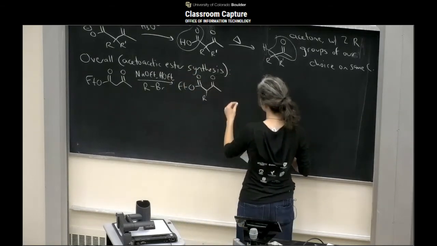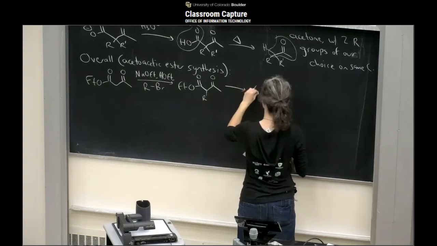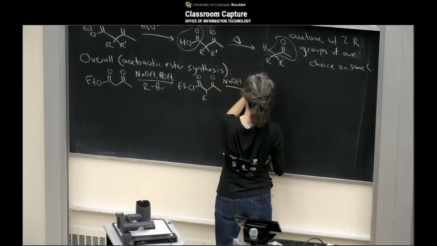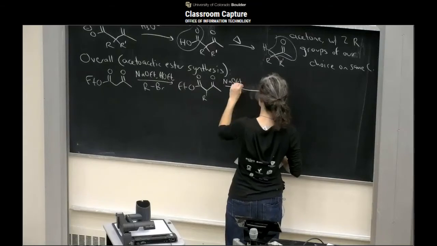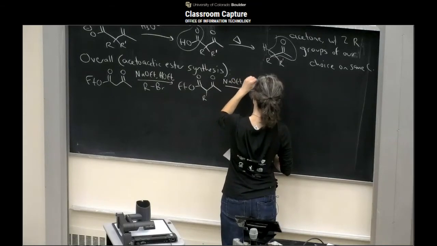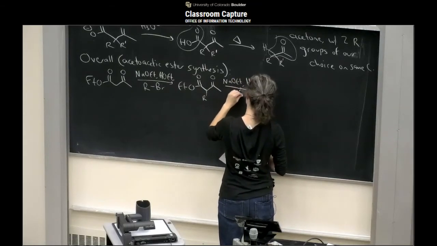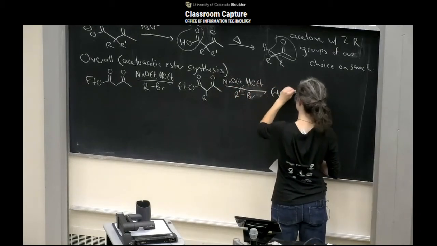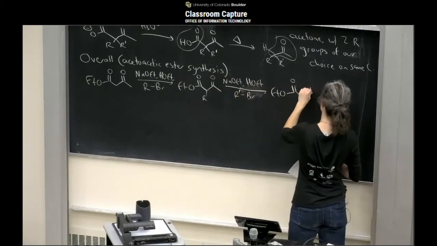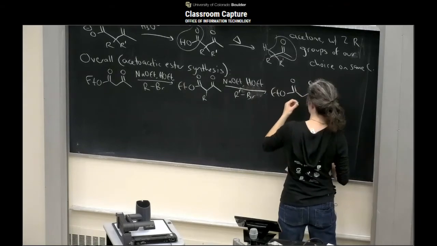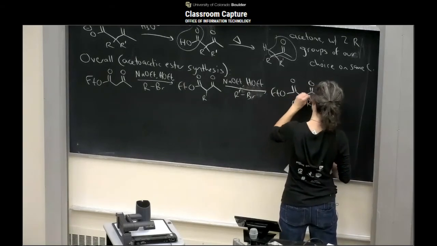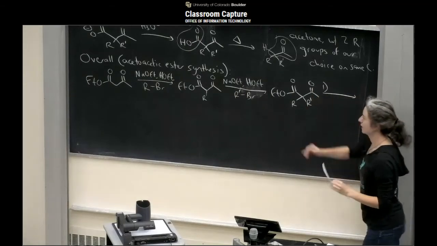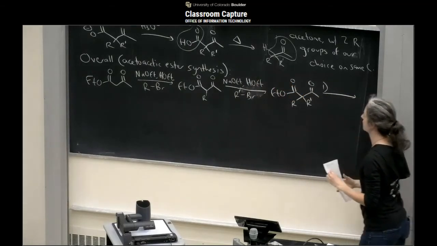Okay, so you can alkylate once, and then if you want, you can alkylate twice with the same or a different R group. And then we can usually lump these last few steps into the same arrow.